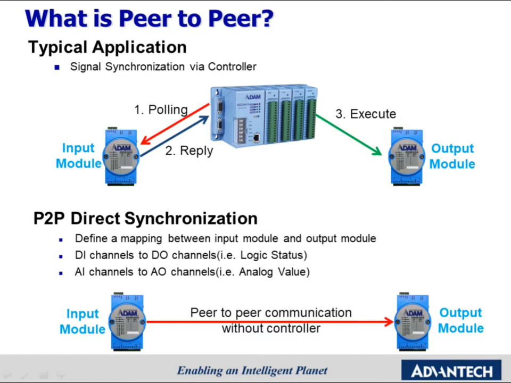In summary, P2P is to pass input module raw data to the output module register address. And only AI/DI input modules have the P2P function. If you take a DO or AO module, the menu for setting the P2P function is locked.